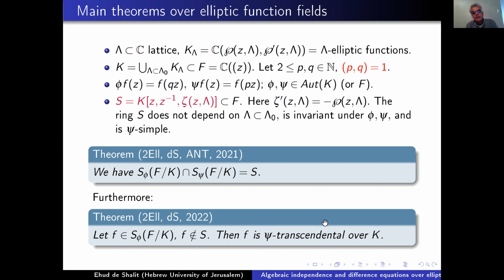And in fact, this ring does not depend on which lambda you choose. It's easy to see that if you adjoin zeta of Z lambda for one lambda, then you adjoin them all. It's also easy to see that it is invariant under these phi and psi induced from F. And in fact, it is psi simple. It doesn't have any ideal that is invariant under psi.